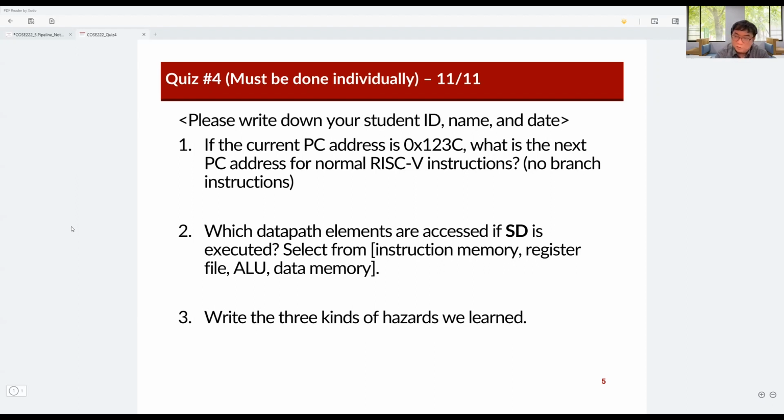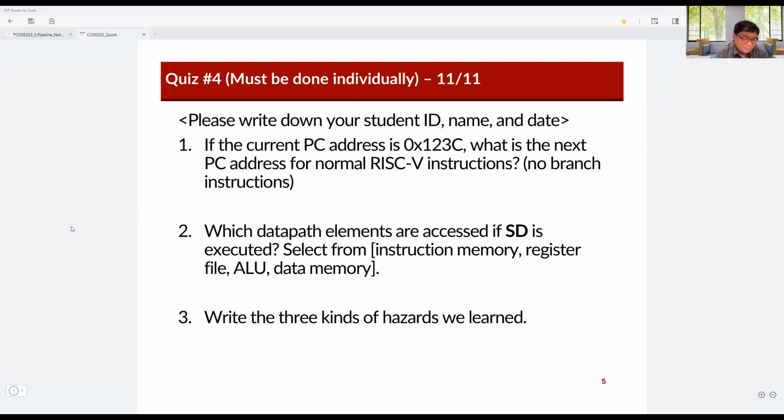One of the issues of this online class is that I cannot see students' faces. The pipeline processor is usually a tricky part of the computer architecture course, and because I cannot see students' faces, I don't know if they understand or not.